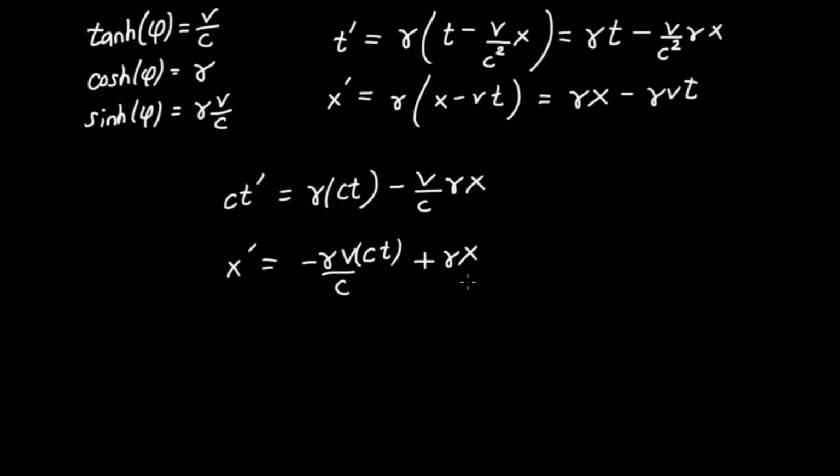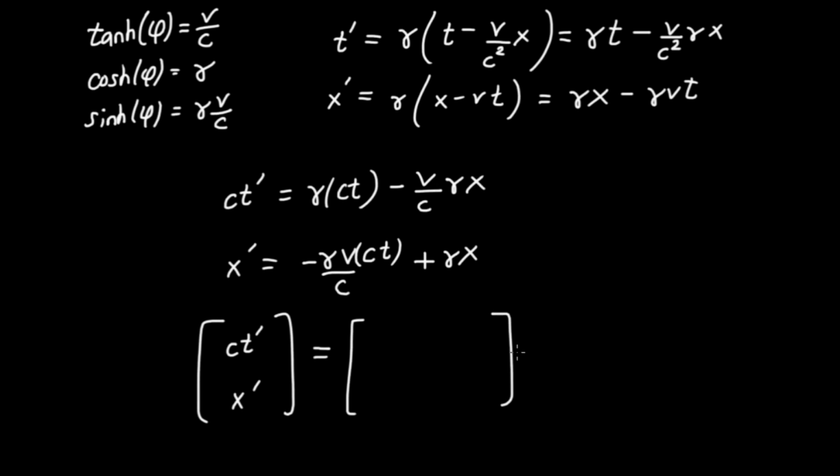Now I'm going to write this ct prime, x prime as a vector. And I'm going to write this pair of equations as a matrix times a vector. The input vector is going to be ct and x. Now I just read off the coefficients. The coefficient for ct is just gamma.